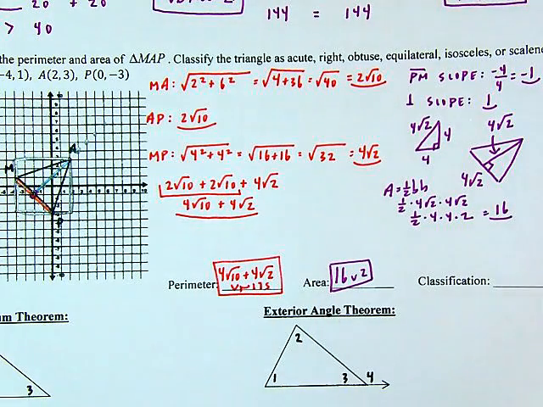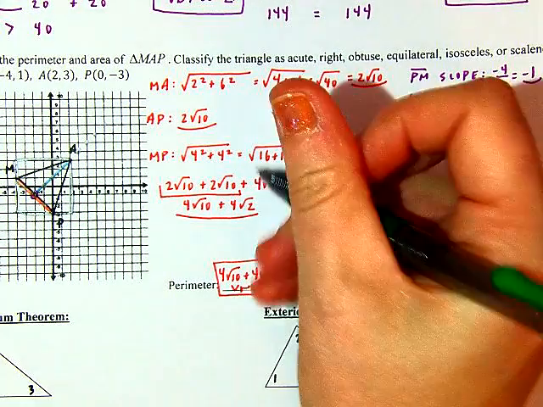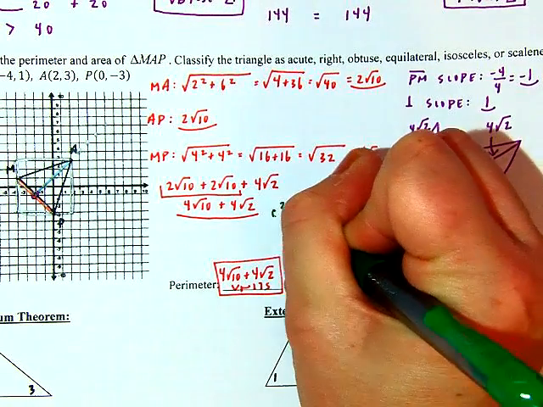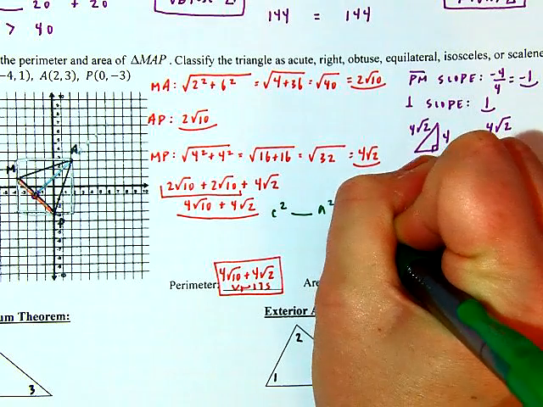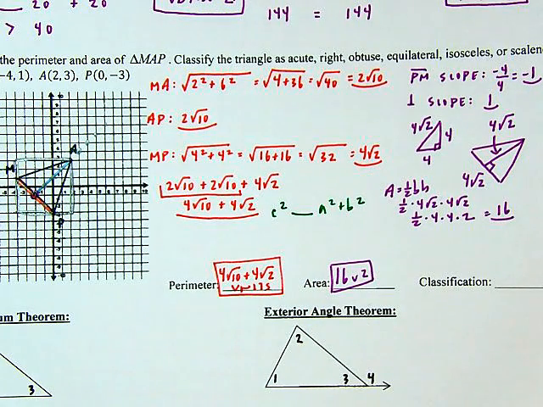All right, lastly, I just want to classify it. I already know it's isosceles, I just don't know what else. So if I put it in this little spot right here, how does c squared relate to a squared plus b squared? Well, what's my biggest side? Well, if I plug it in, I'll see that 2 root 10 is actually the biggest side. So I have 2 root 10s.